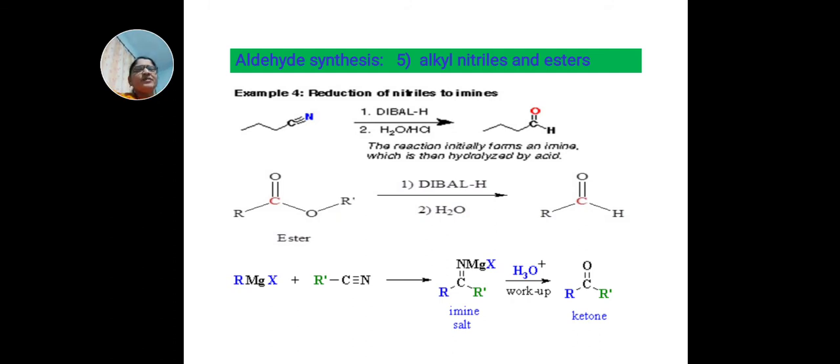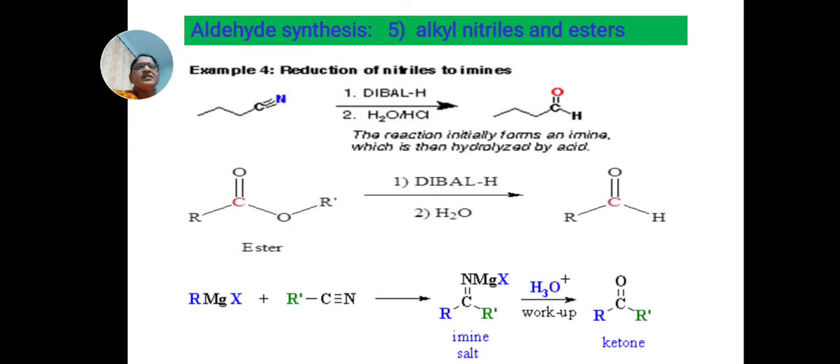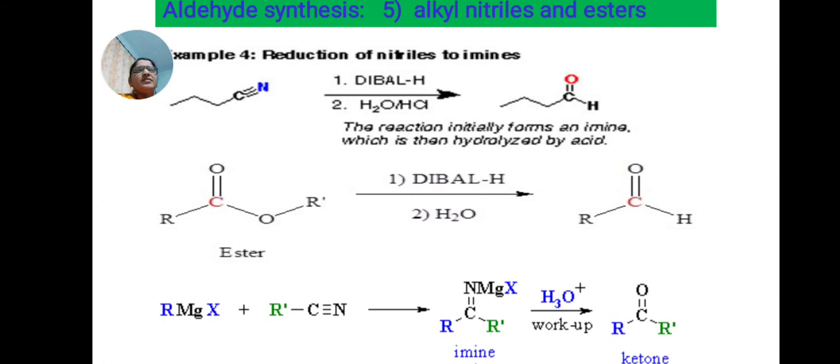First example: CH3CH2CH2CN, that is a cyanide, in presence of diisobutyl aluminum hydride and H2O, HCl, it gives an aldehyde.